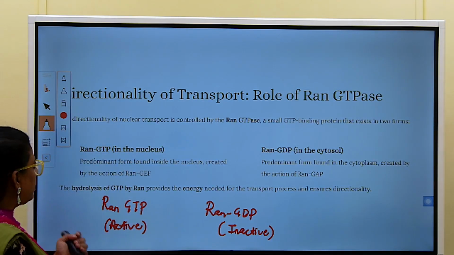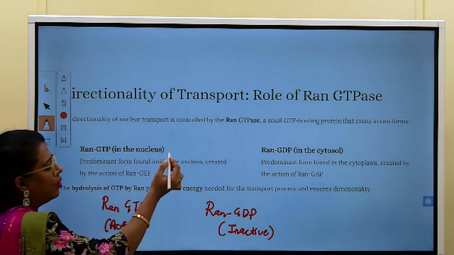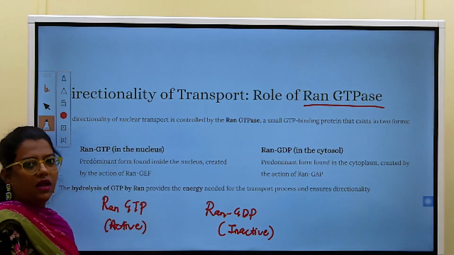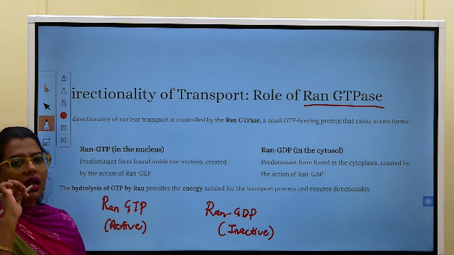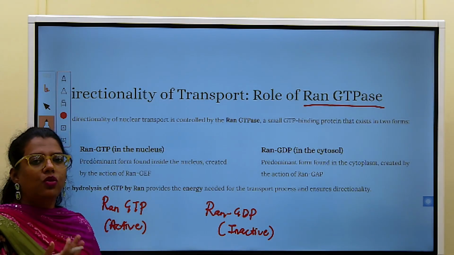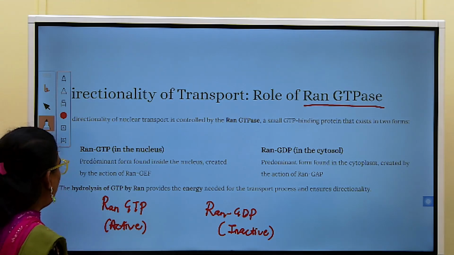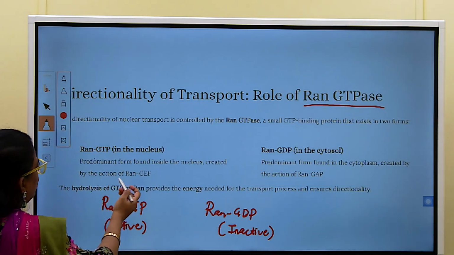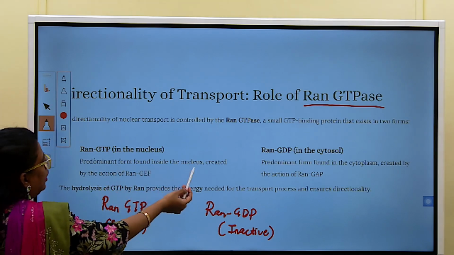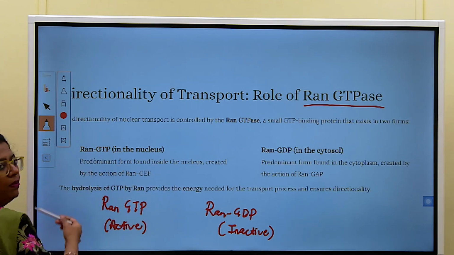Now, there is an enzyme known as RAN GTPase. RAN GTPase has the capability of converting RAN into active and inactive forms. As you can see here, the predominant form found inside the nucleus is RAN GTP.